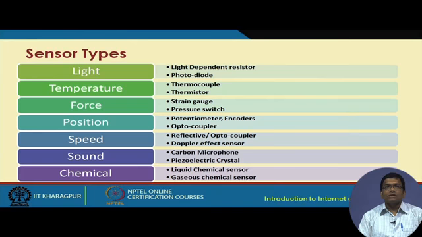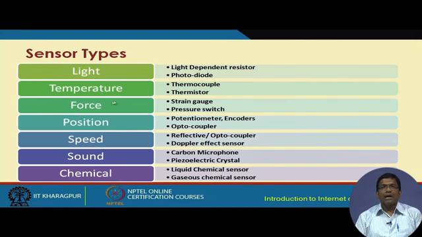Here are some examples of different sensors. For measurement of light, we have the LDR, the light dependent resistor, and photodiodes. These can act as sensors for sensing of light. For sensing of temperature, we have the thermistor and thermocouple. Thermocouple I briefly told you about, but a thermistor is sort of like a thermal transistor kind of thing.